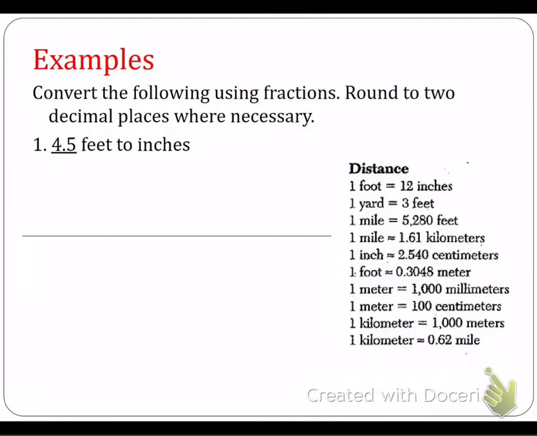So what we are going to do is write a ratio for these. I am going to write these as feet over inches. And I'm looking for the number of inches here.